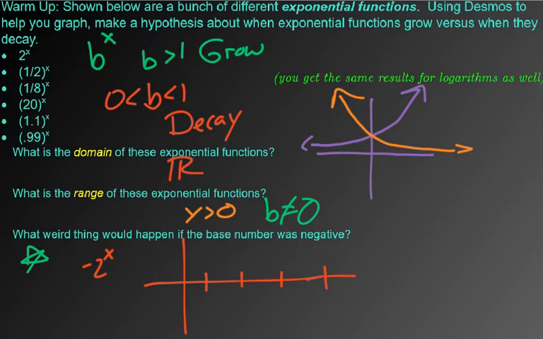So negative 2 to the 0, right? Anything to the 0 power is 1, so that would be there. Negative 2 to the 1 would be down here at negative 2, right?